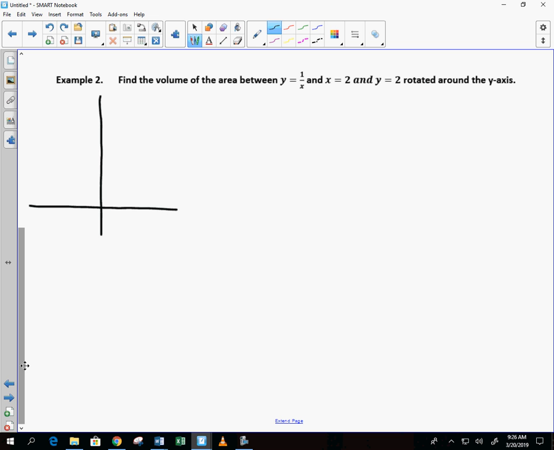What do I do? Somebody help me out. What does y equals 1 over x look like? Good. Cole's got it. It's a reciprocal function. What does x equals 2 look like?